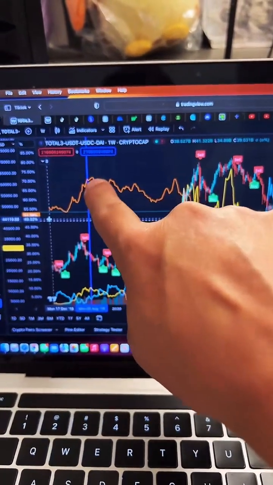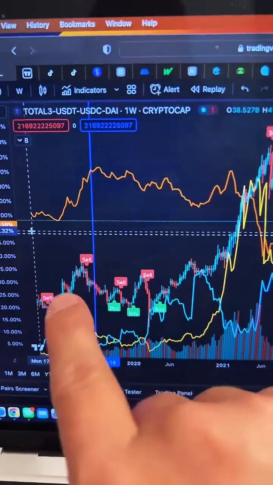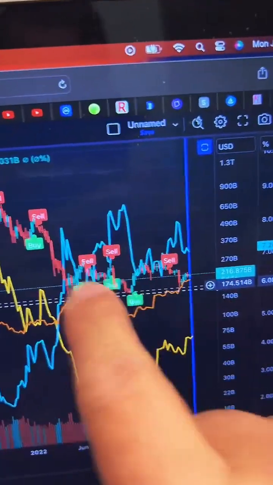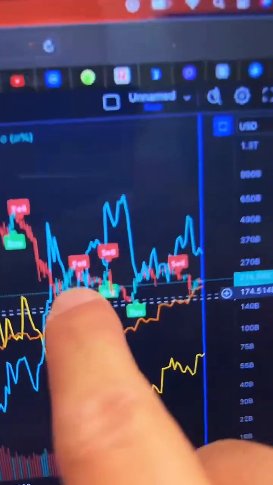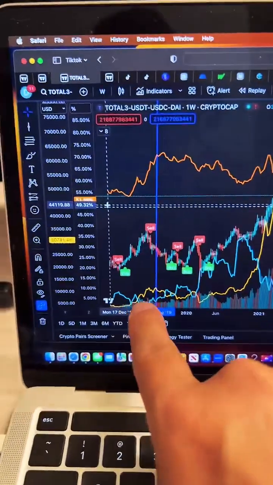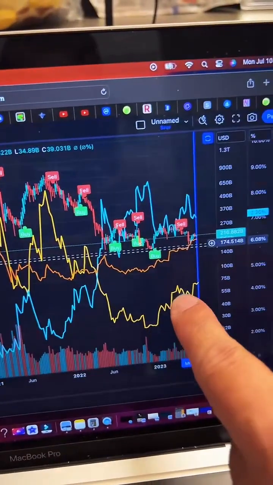Dominance going up, meeting resistance, altcoins bleeding, making a bearish formation. This is a head and shoulders, a bearish formation. This one is not a head and shoulders, but it's a double top. The altcoins, that's the red and green bars. Bitcoin price.